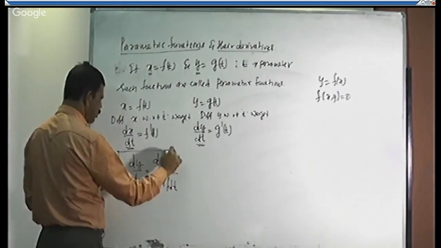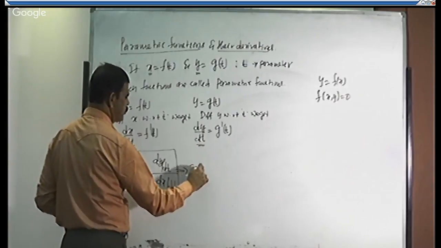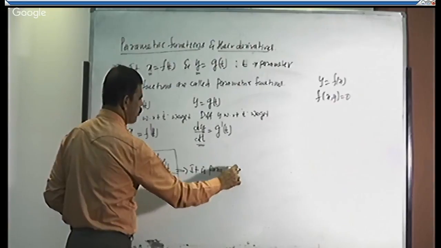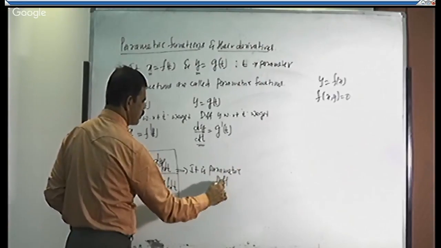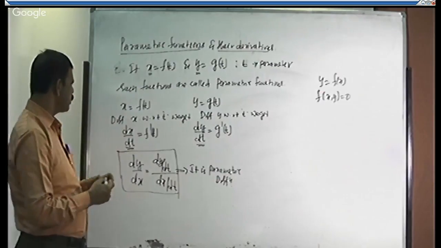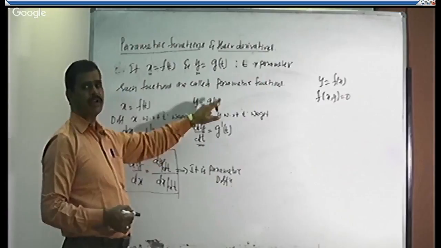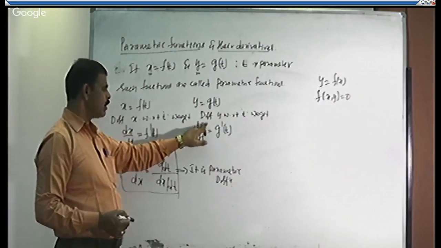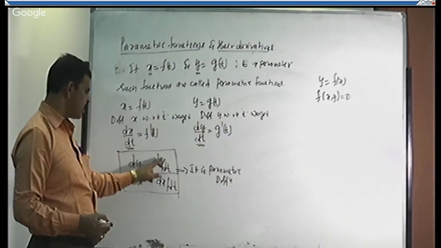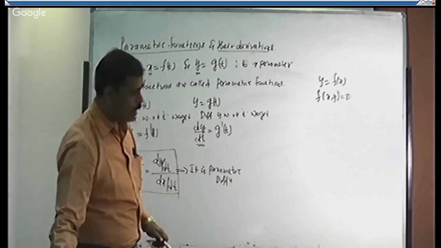This is known as parametric differentiation. Suppose x and y are in theta, we get dx by d theta and dy by d theta. In that case dy by dx becomes dy by d theta divided by dx by d theta, right?